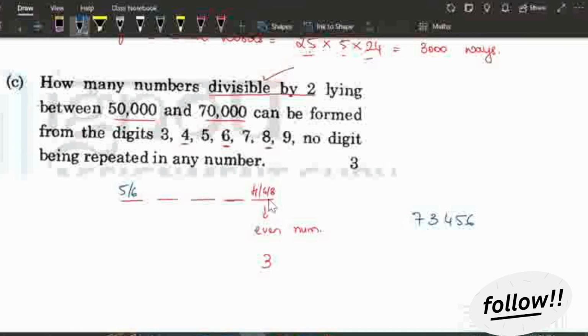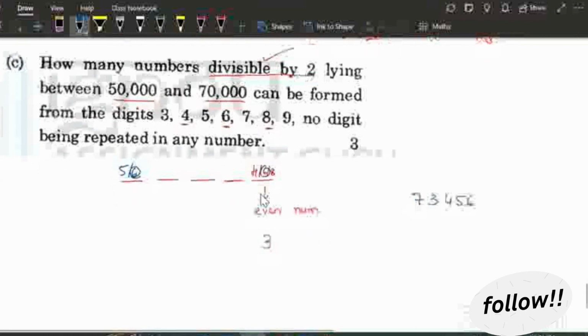But here, 6 is also a possibility for the last digit. So whenever there is a digit that occurs in both the first digit as well as the last digit, you have to consider it in two ways. Consider 6 in the last digit separately and consider 6 in the first digit separately. We have two ways of solving this question.